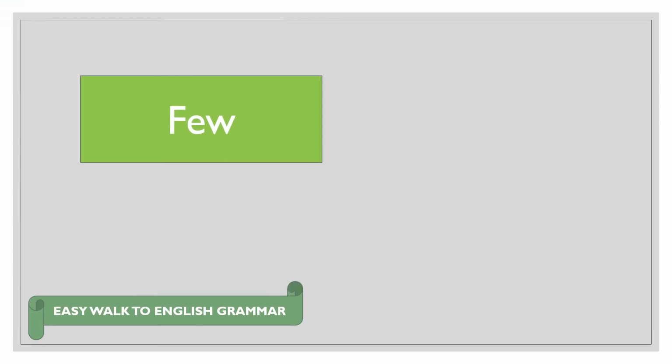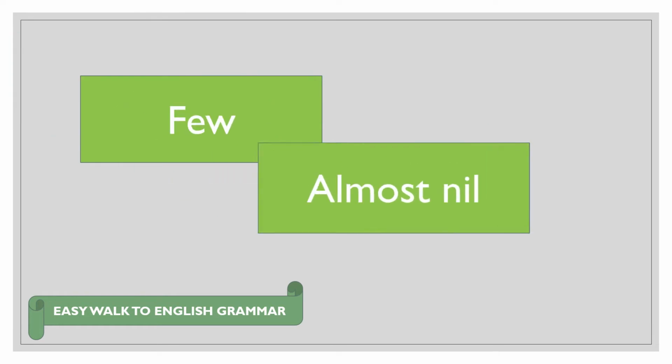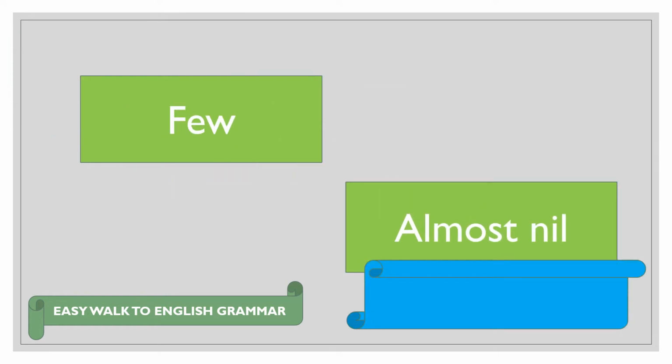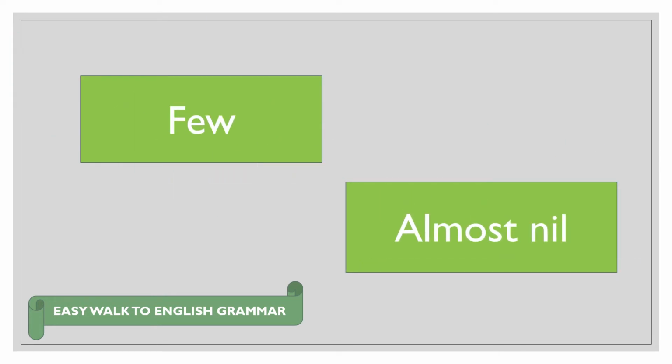When we go for the meaning of the quantifier few, it means almost nil. There is some amount of something, some quantity or some number of something, but there is not enough. That is what few means.